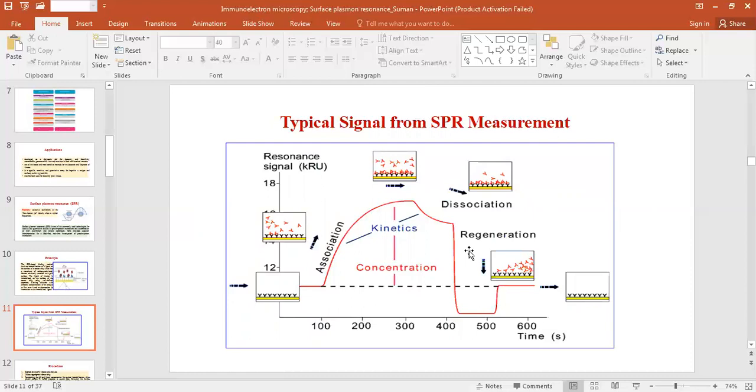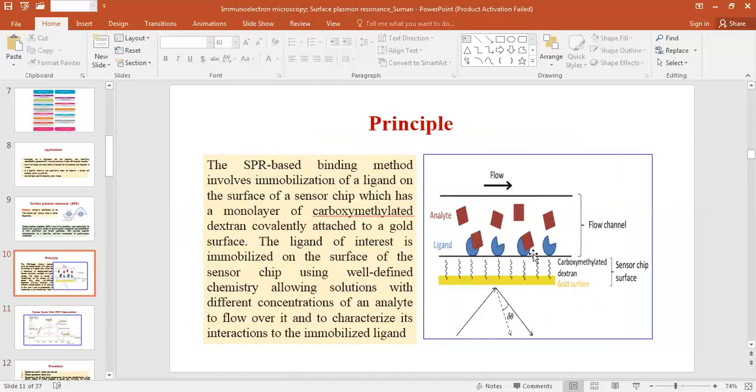These changes are measured as changes in the resonance angle, here delta theta. This is the resonance angle of the refracted light when the analyte, which is flowing in a microfluidic channel, binds to the immobilized ligand and increases in density at the sensor chip surface.